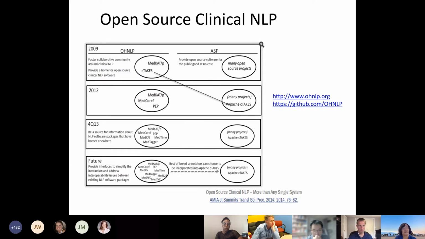But we noticed that not all the systems released through the clinical NLP side adopt UIMA or adopt those frameworks. So we ended up having many kinds of systems. We want the OHNLP to be an open source community for the clinical NLP work.